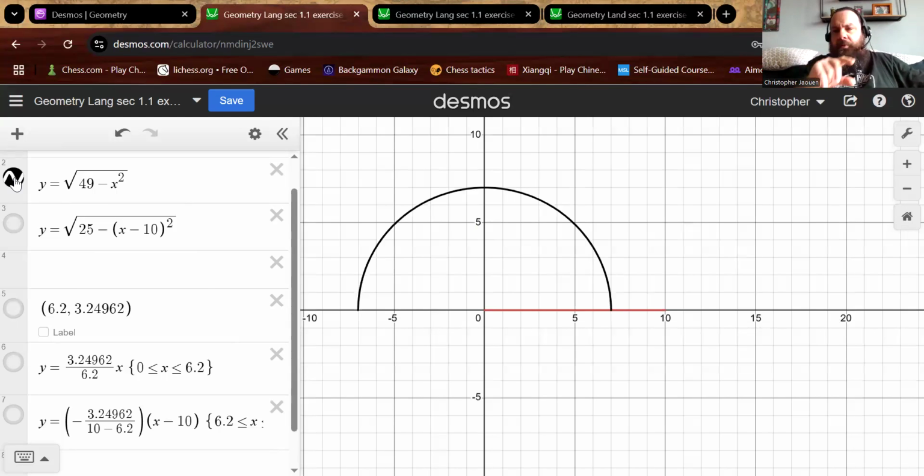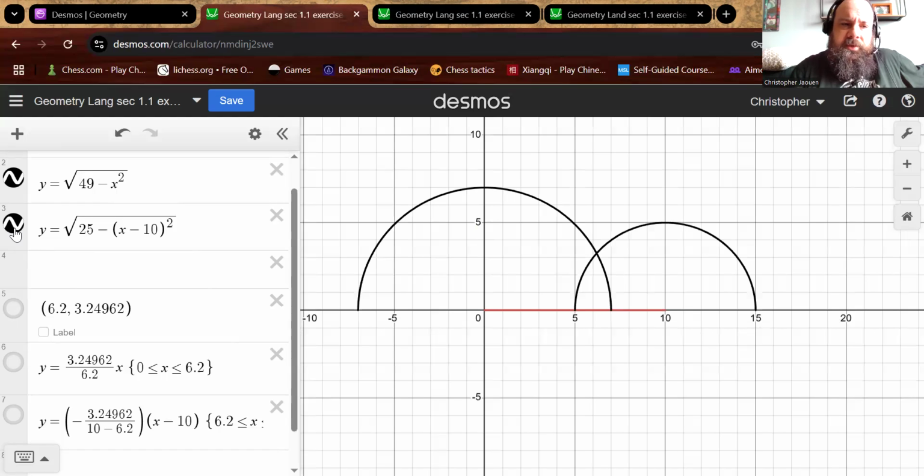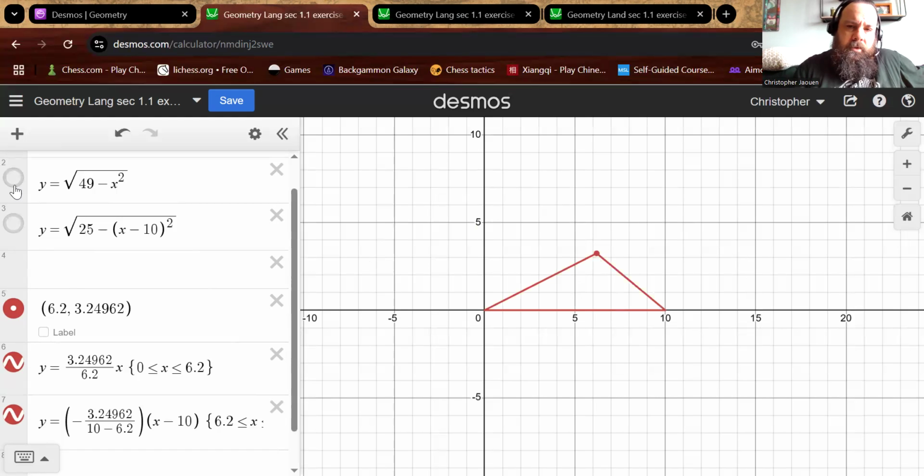You don't have to draw the whole thing, just part of the circle, and then draw the circle centered at 10, 0 that has radius 5, and that looks like this. Notice the point where they intersect is this point here, and I can connect the endpoints together to get a triangle that has the specified side lengths. Okay, so that's question two.